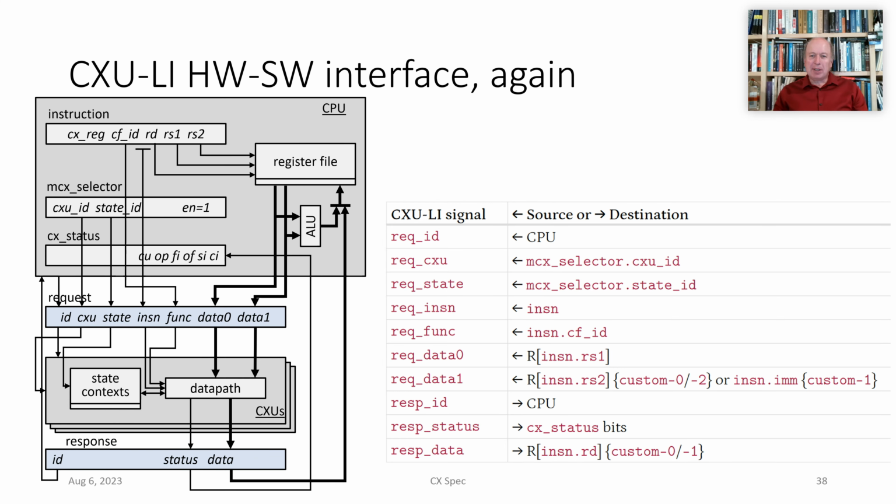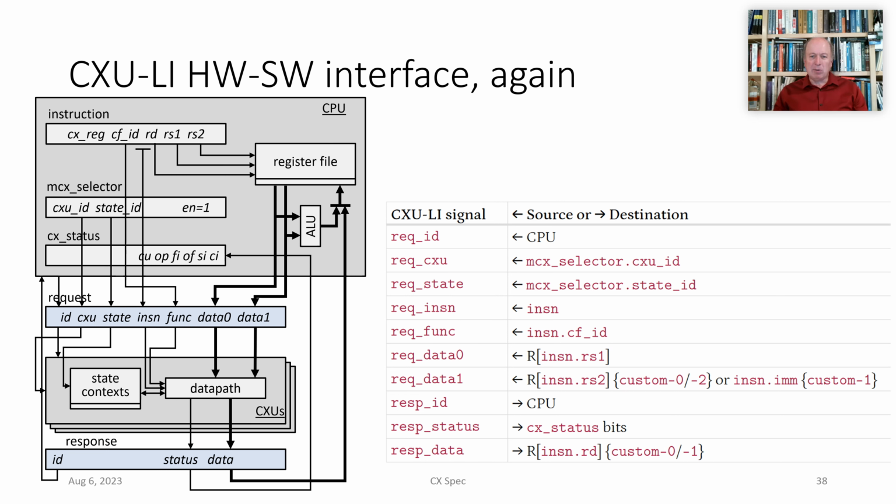Here we recall the custom extension multiplexing figure presented earlier. Let's consider how that translates into the port signals of CXU-LI. Reviewing the request and response ports in the table on the right, request ID is provided by the CPU itself. Request CXU and state come from the MCX selector.